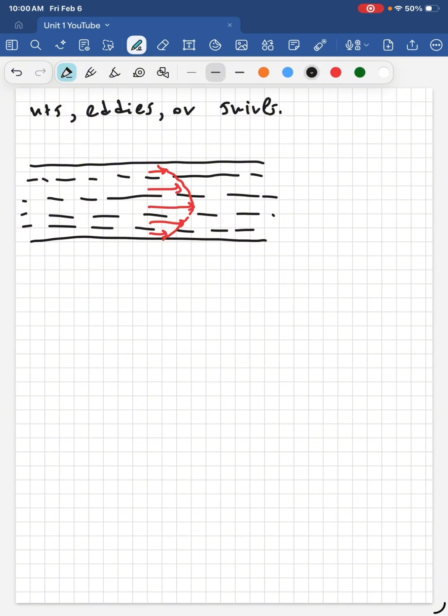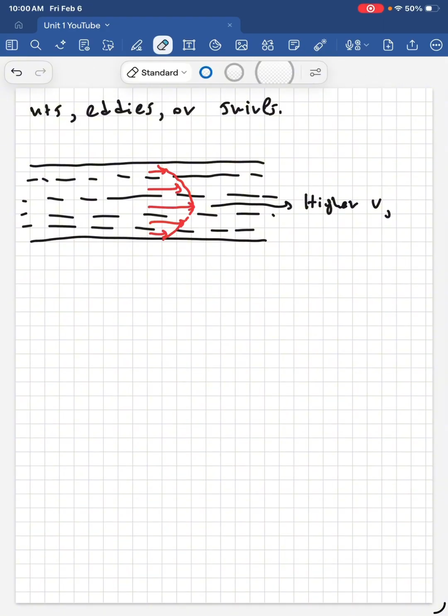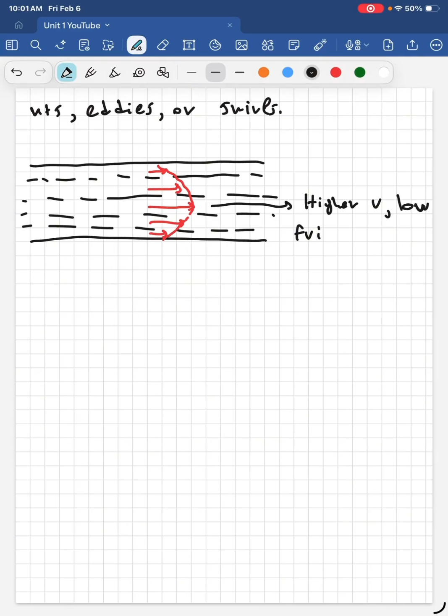So in the middle we have the higher V, small friction. Actually, let's say low friction, and parallel layers.